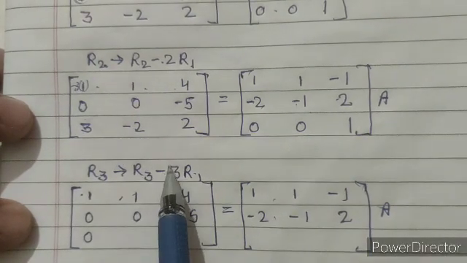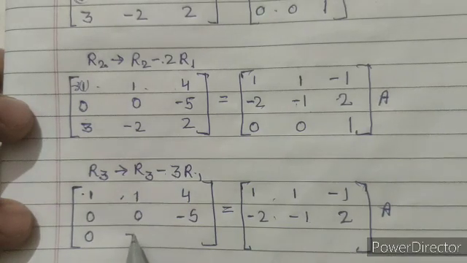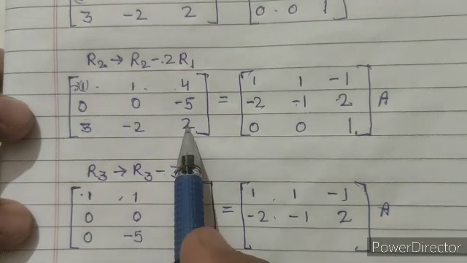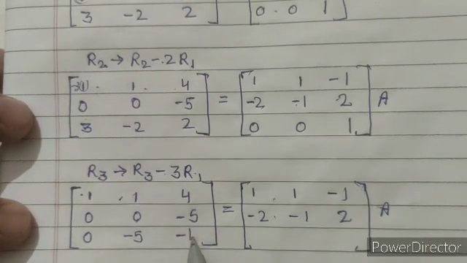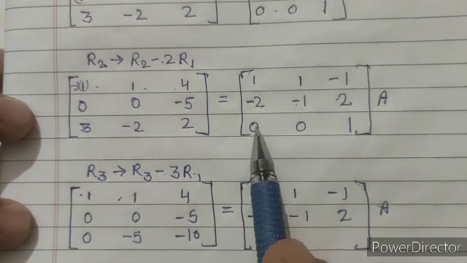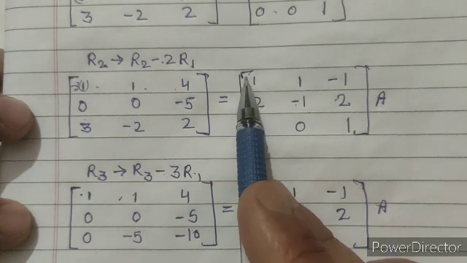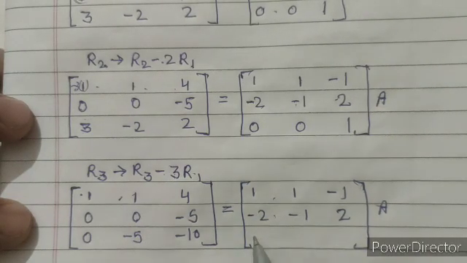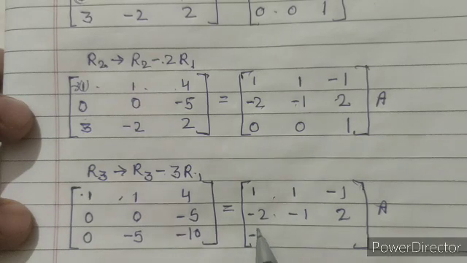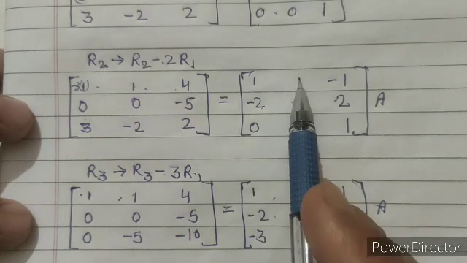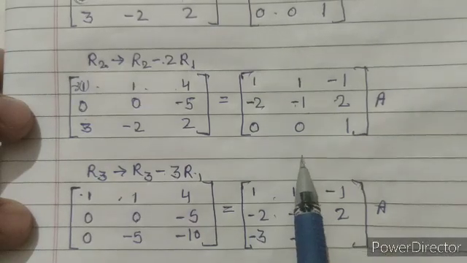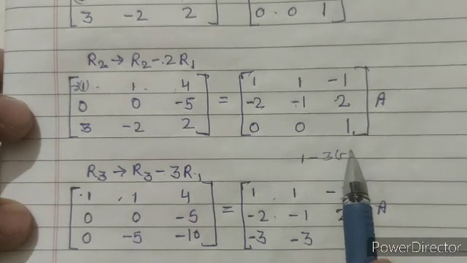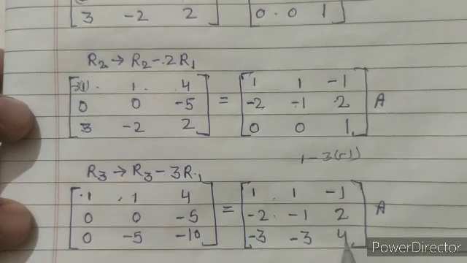Minus 2 minus 3 into 1 will be equal to minus 5, and 2 minus 3 into 4 will give us minus 10. Now similarly on the right hand side, 0 minus 3 into 1 will be equal to minus 3. 0 minus 3 into 1 will be again minus 3. 1 minus 3 into minus 1 will give us 4.